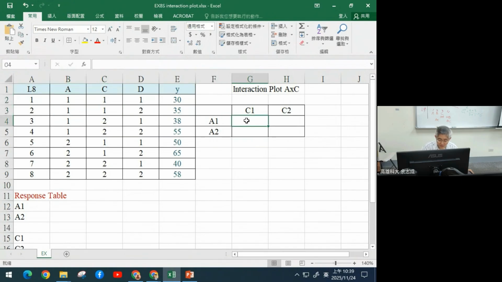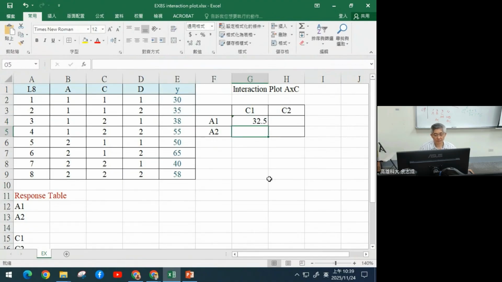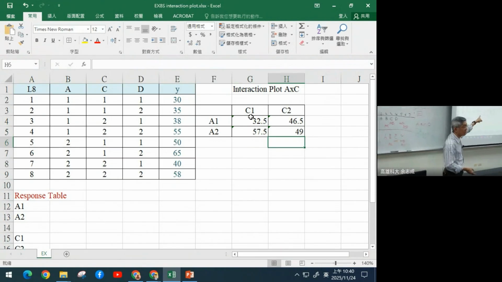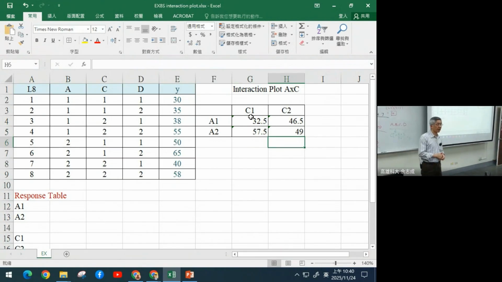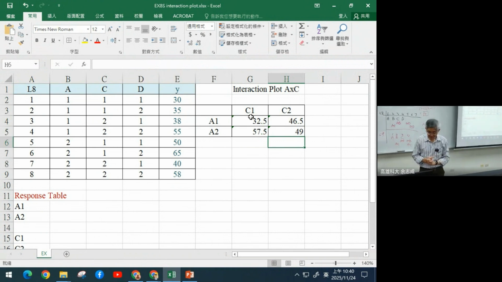So here, the average output when A1, C1 will be the average of the first two. Then you can finish this analysis of mean for this AC interaction. Very straightforward, right?